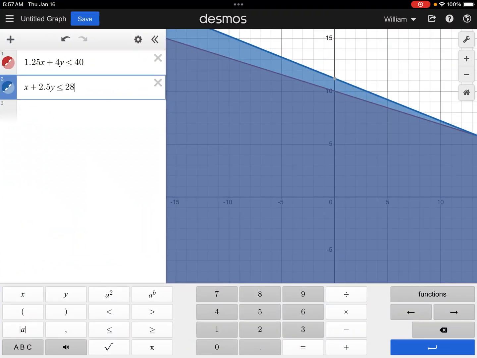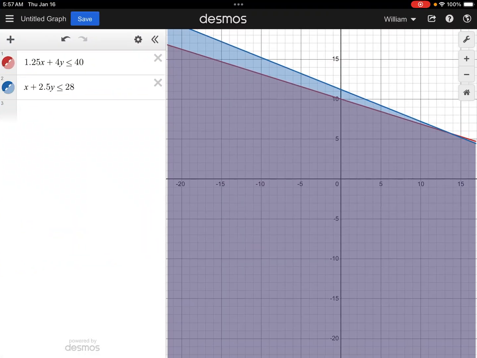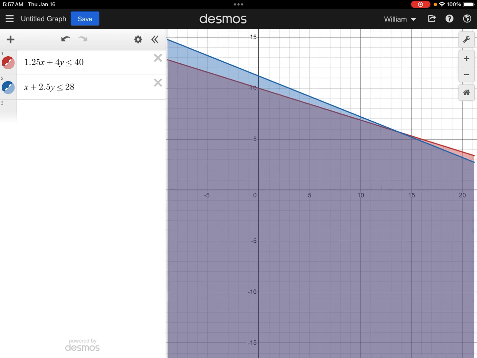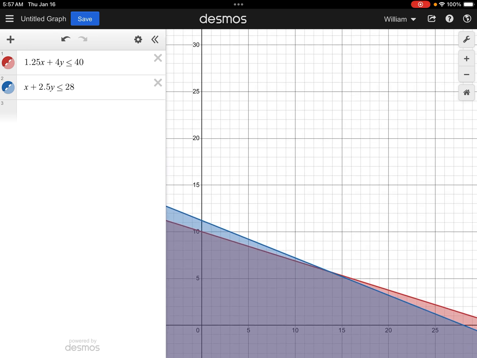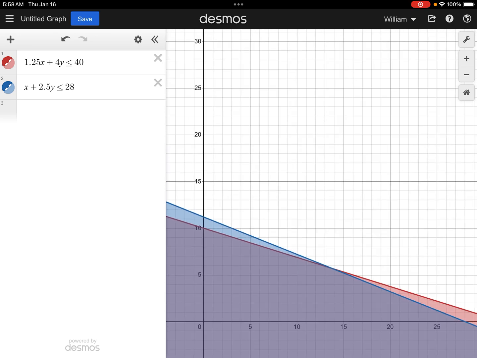Now, when I look at this, I can adjust my mouse a little bit here. I've got a double shaded region, don't I? So I can pick anything from my double shaded region. But can I have a negative? You can't make a negative number of pillows or negative number of blankets, so really, I'm looking at just the first quadrant.